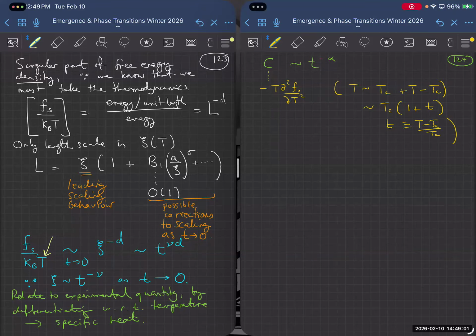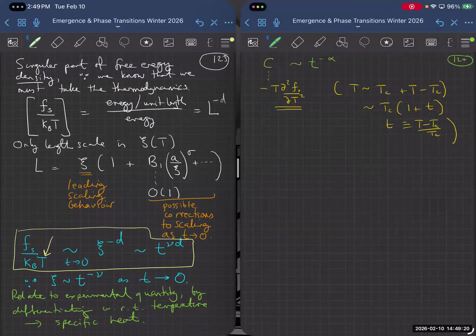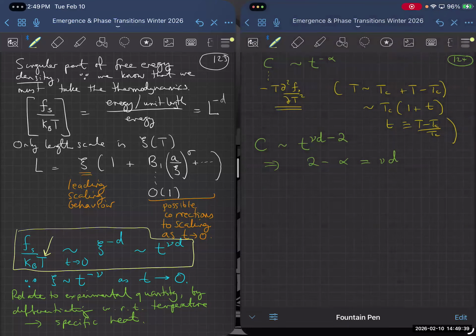So when I compute the heat capacity, if the free energy is going as t to the nu d, then when I differentiate twice, the heat capacity scales as t to the power nu d minus 2, and therefore I conclude that 2 minus alpha is equal to nu d. And that is the Josephson scaling law.